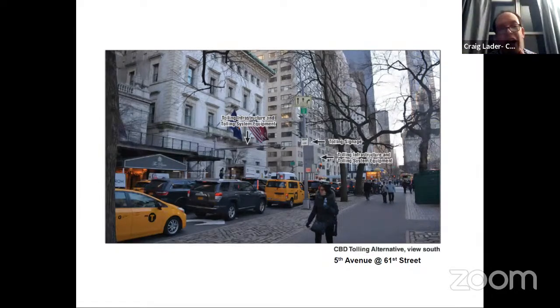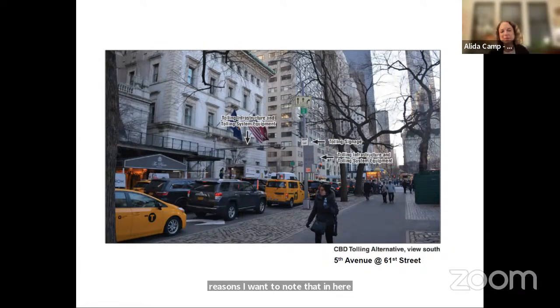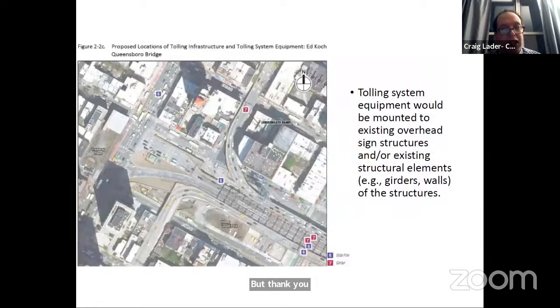So yeah, I don't understand Central Park, given that cars are essentially banned in Central Park. That's a mystery to me, and I think that's one of the reasons I want to note that in here. Okay, well that's good. We should make a note of that.